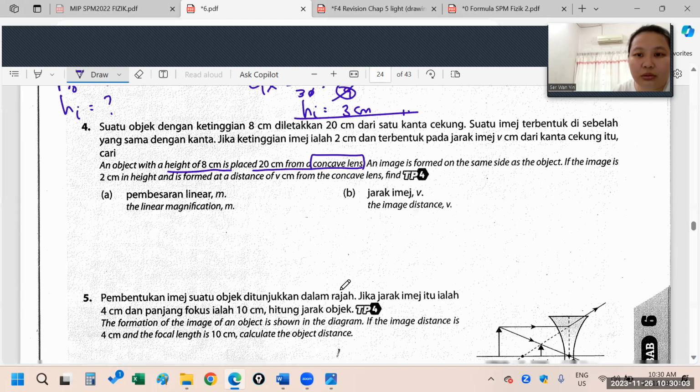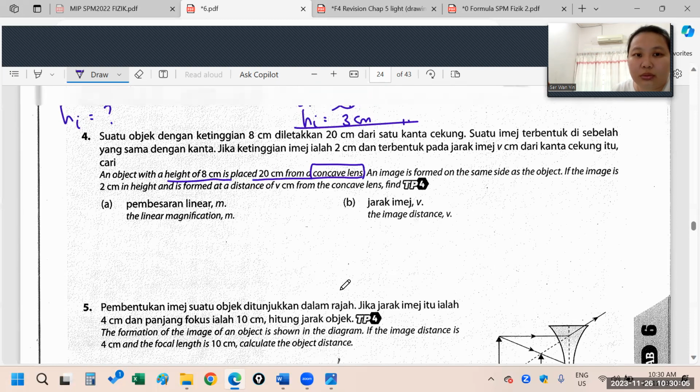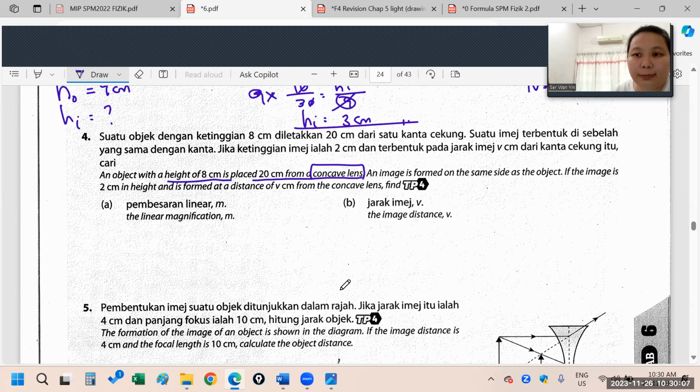Okay, so this one linear magnification equals V over U, and also equals HI over HO.